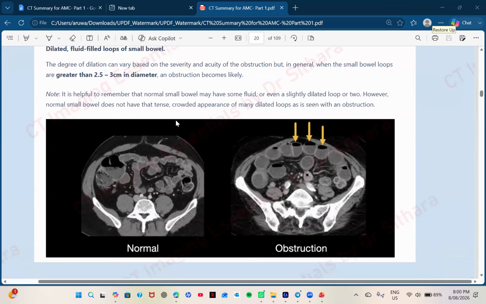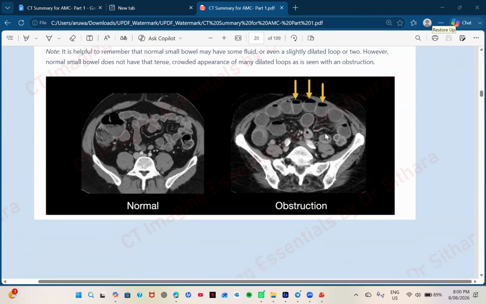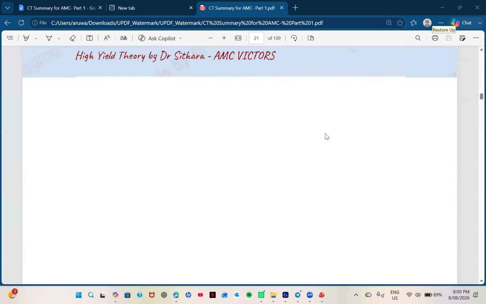It is helpful to remember that normal small bowel may have some fluid or even a loop or two slightly dilated. However, normal small bowel does not have that tense, crowded appearance of many dilated loops seen in obstruction. Can you see the dilated loops here? This is a normal one, and this is the dilated loops, right? This is from Life in the Fast Lane.